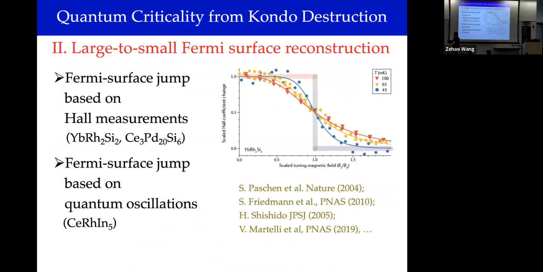But experiments since then, including the Fermi surface evolution as a function of a non-thermal control parameter, as well as the direct measurement of the Fermi surface volume by quantum oscillations, show that, in fact, across the quantum critical point, there's a jump of the Fermi surface. At least, I think quantum oscillation measurement provides direct evidence for that. The Hall measurement provides a consistency check for this picture.